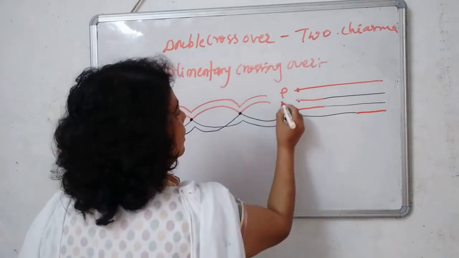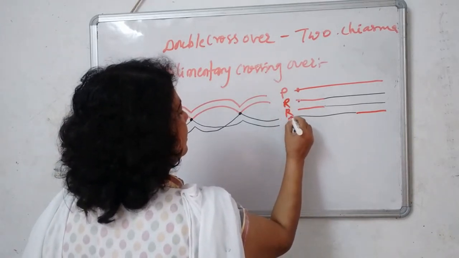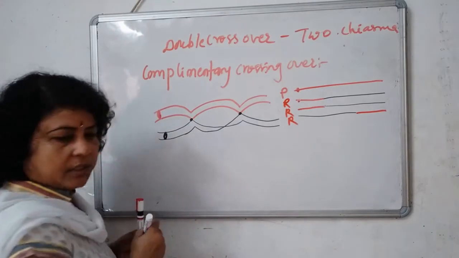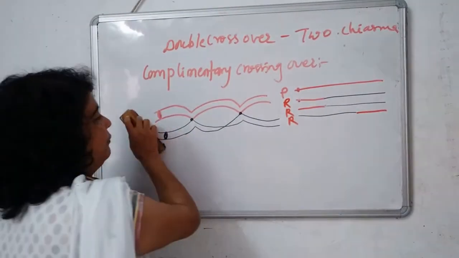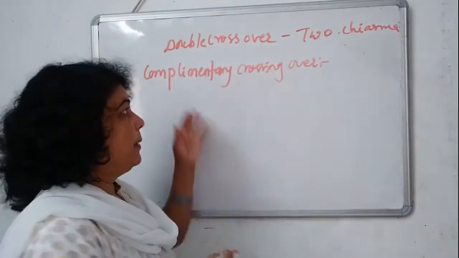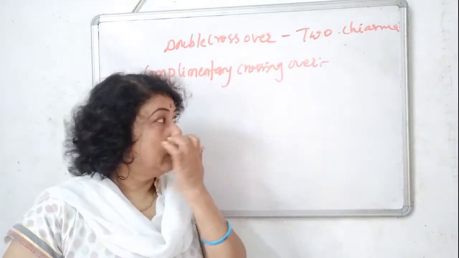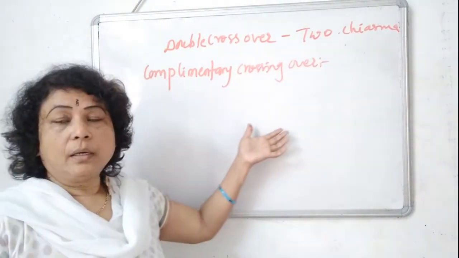Recombinant, recombinant and recombinant. So for complementary double crossing over, we drew the figure with three threads.